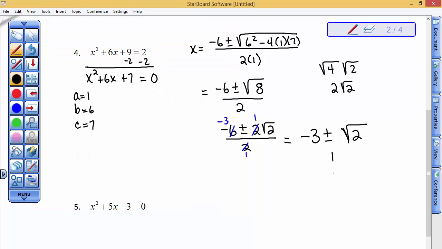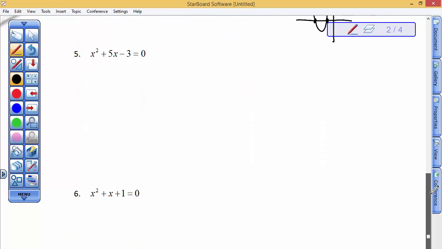And if I were to graph this, they'd be something like this, where this is the negative 4 and this is the negative 1 point whatever. So again, I hope you're noticing that all of these problems have two answers, but we are going to come across one that just has one answer fairly soon. Go ahead and keep working.